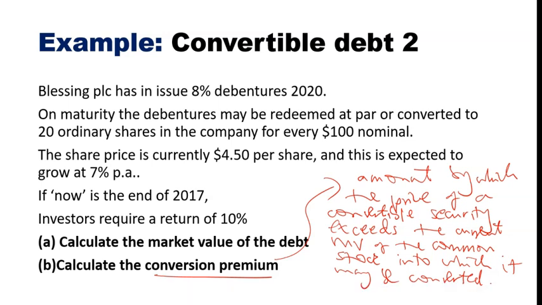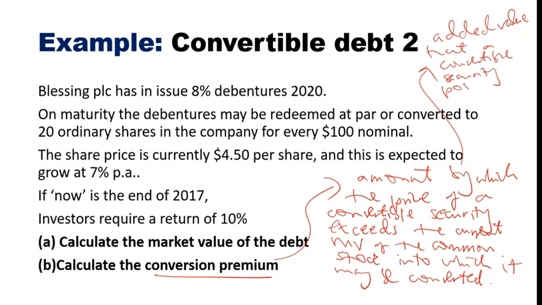So, in short, we are simply saying this is the added value that a convertible security possesses due to its conversion option, the added value of the conversion.